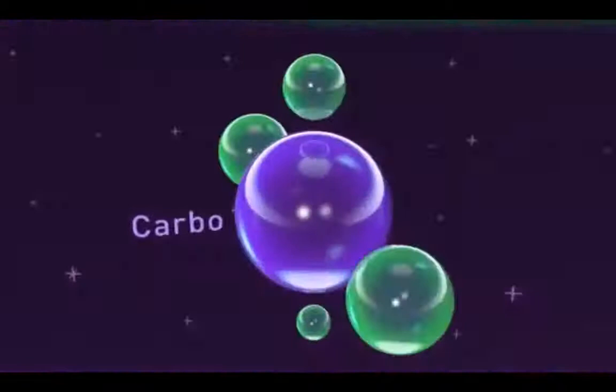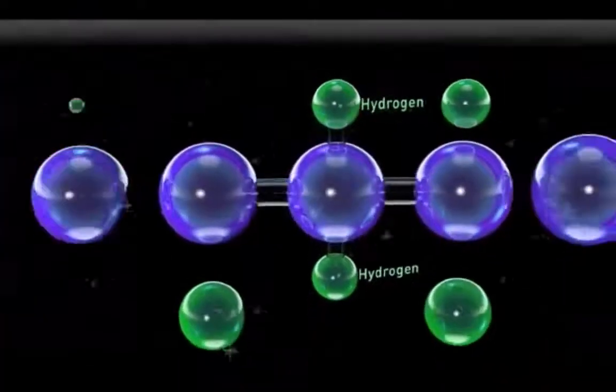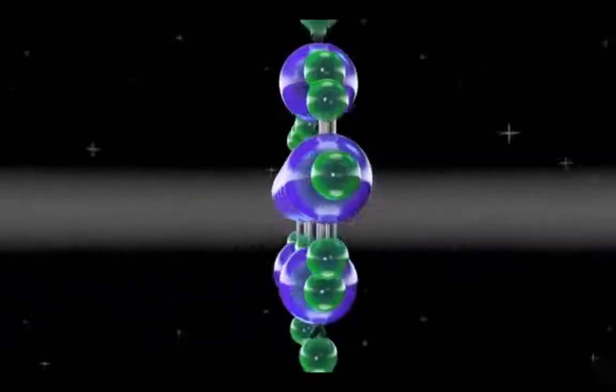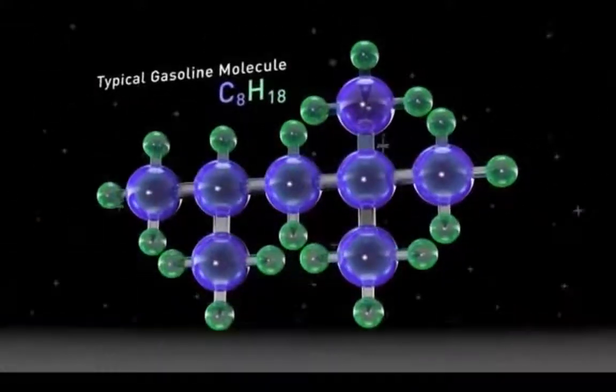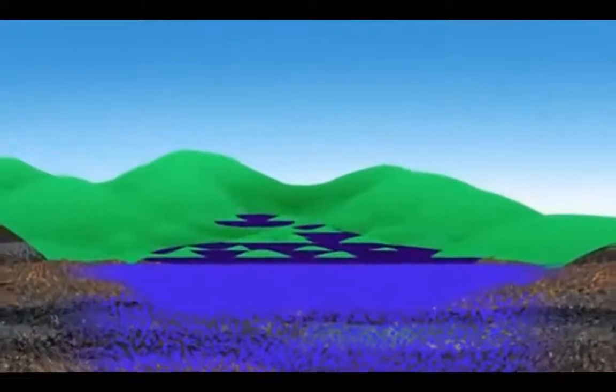At the molecular level, oil and gas are hydrocarbons made up of hydrogen and carbon atoms. The constant pressure and movement of the Earth's crust squeezes oil and gas through the pores or spaces within rocks. Some oil and gas reaches the Earth's surface and seeps out naturally into land or water.